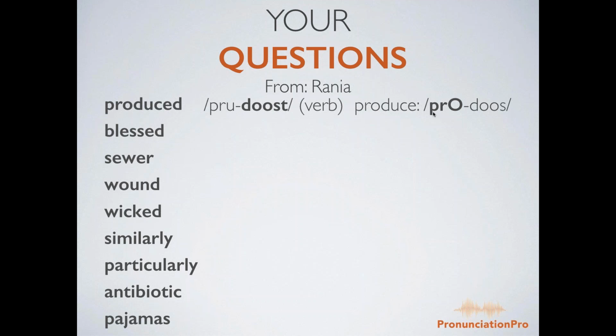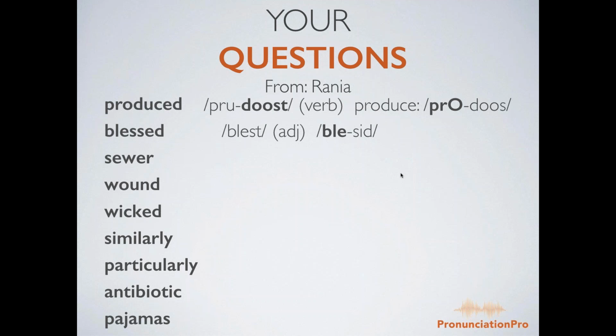Then produce is going to be the noun form, like pro, as in I'm a pro at it. Produce, like vegetables and fruit, food is produce. So the verb is second syllable, the noun is first syllable.